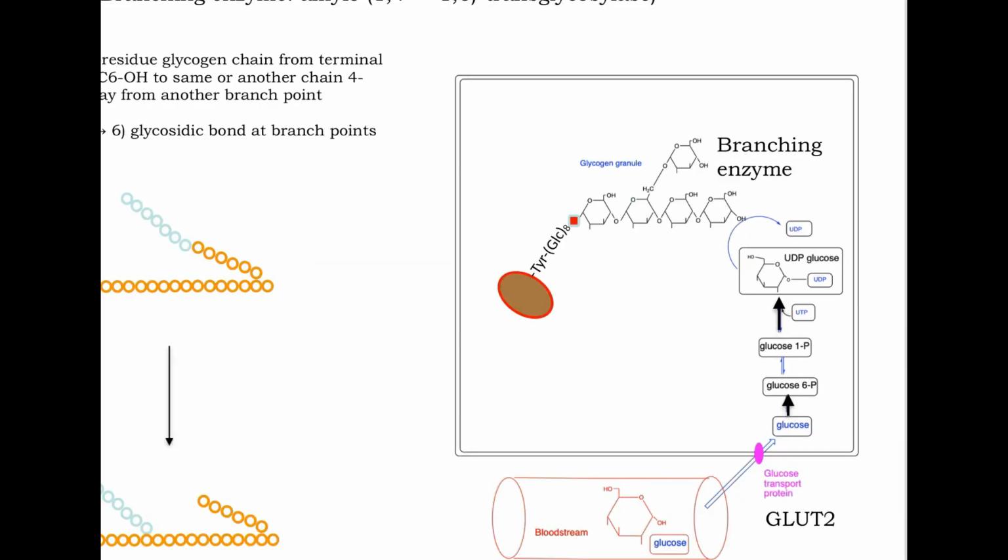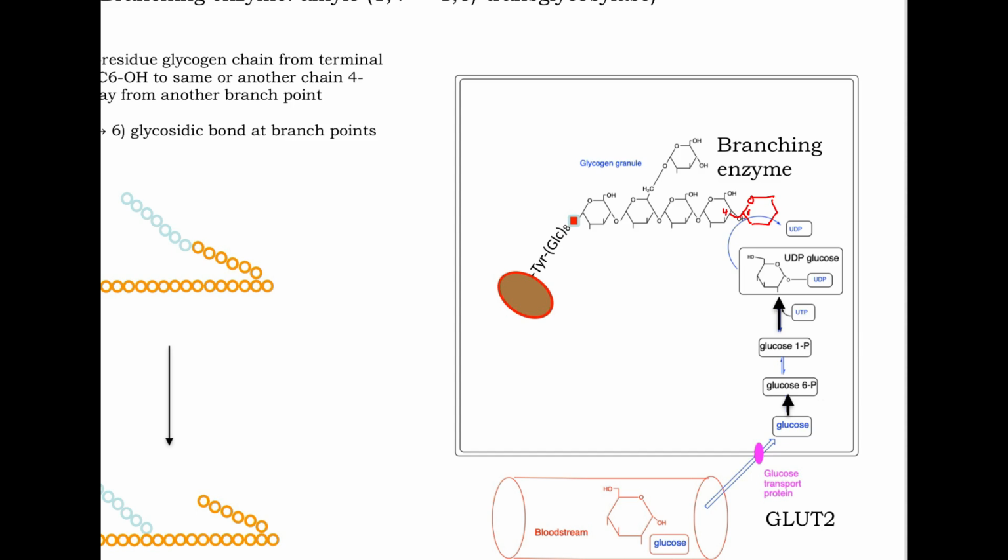By converting glucose into UDP glucose, carbon 1 of the glucose becomes reactive by attaching a UDP group to carbon 1. So now the hydroxyl group at position number 4 of the glycogen primer will be able to react with carbon 1, and this will cause the attachment of a glucose to this carbon 4.